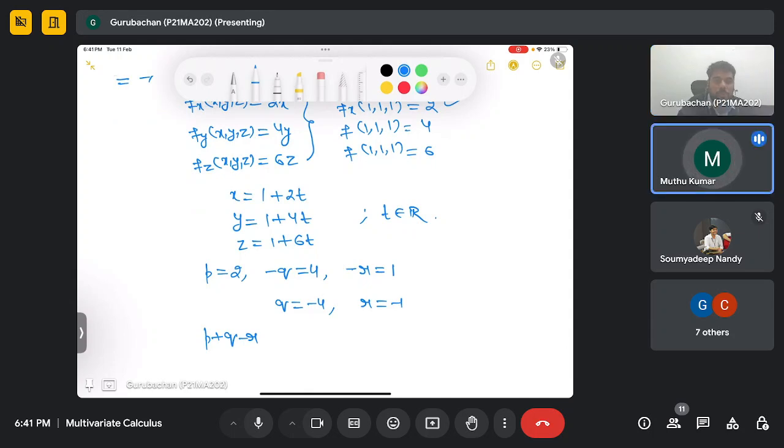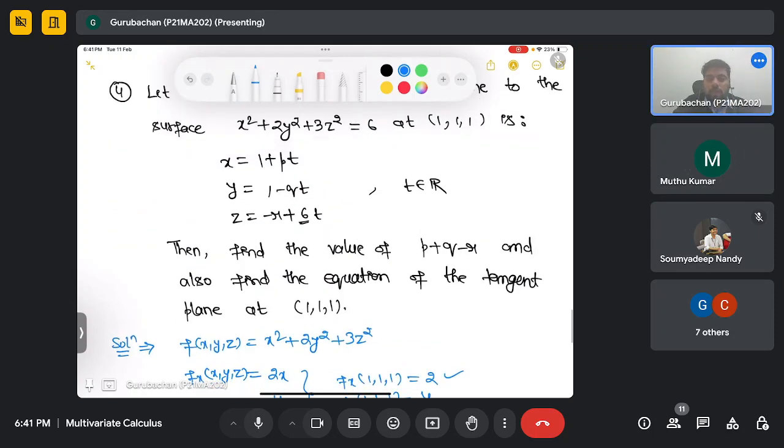Suppose you take the proportionate values of 2, 4, 6 as 1, 2, 3. What will be your equation in parametric form? First of all, we have here the point (1, 1, 1 minus r).